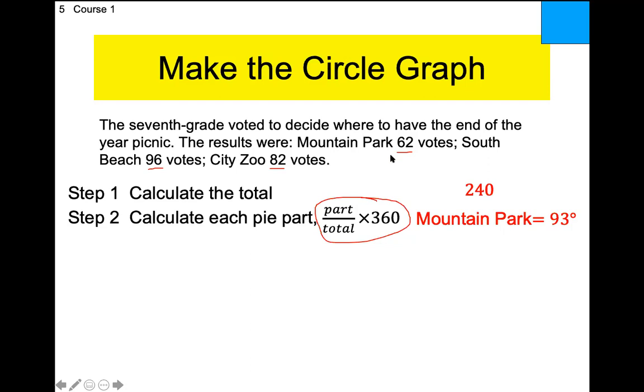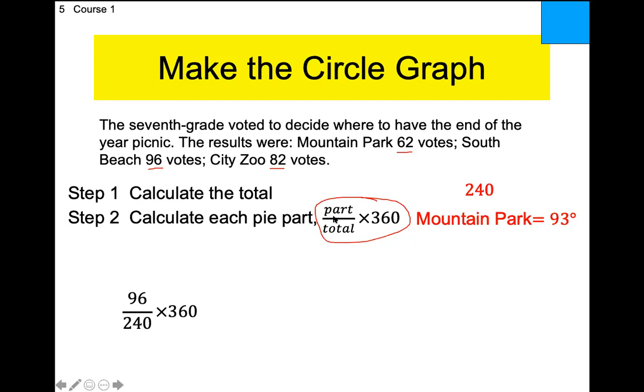I said we have to do this for every category. The next category is the beach. There were 96 votes for the beach out of the total, which we found in step 1, 240. I grabbed my calculator again: 96 times 360 divided by 240.